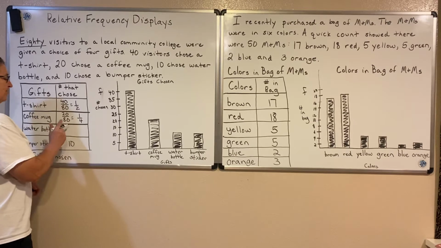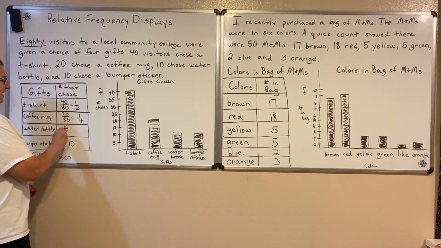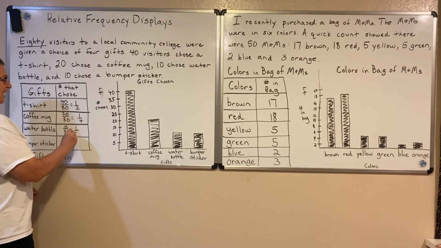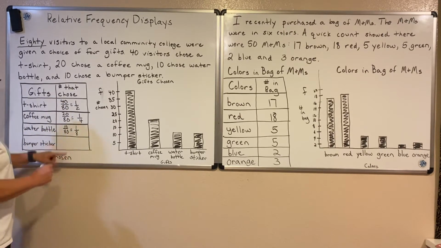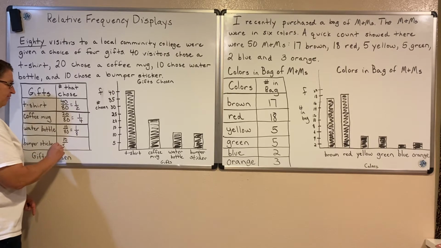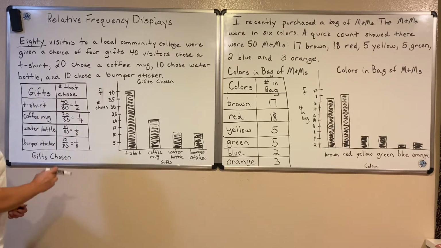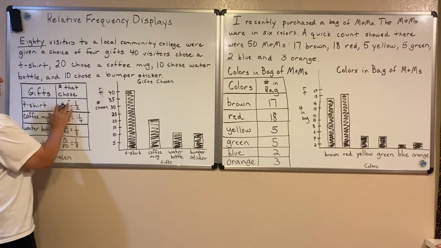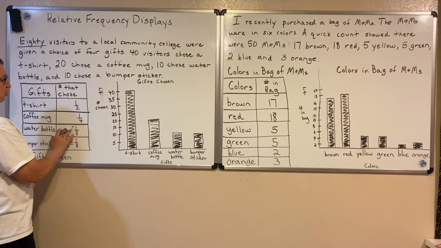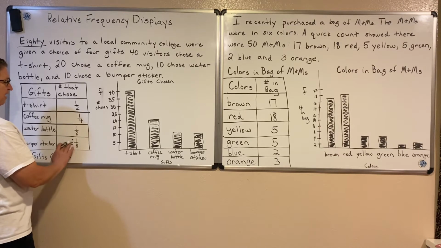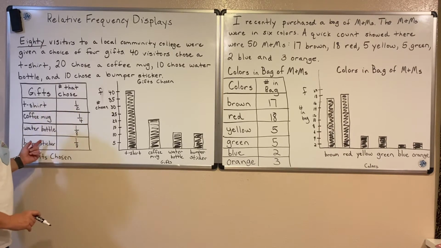Here, I could write that as 10 out of 80, or just 1/8. So 10 out of that total number, and here as well, 10 out of that total number, or 1/8. So in a relative frequency distribution, all we do is take each one of our frequencies and put it over the total amount to show the fraction of people who chose that gift.